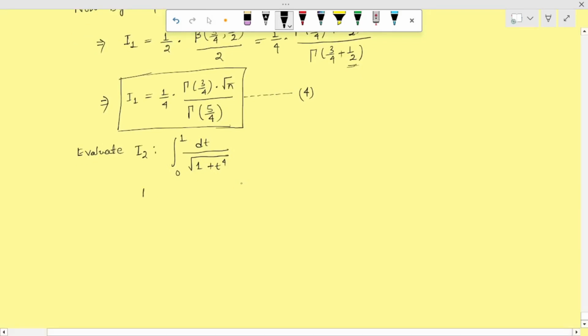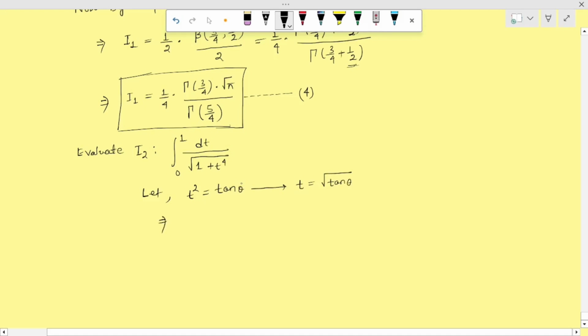So to evaluate this I2, let us consider t square equal to tan theta. So t will be root over of tan theta.